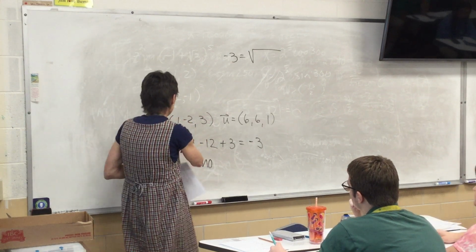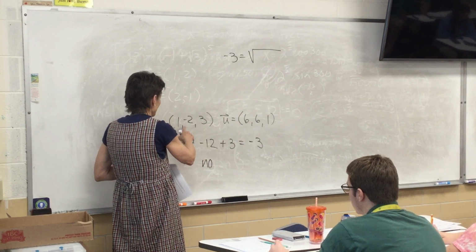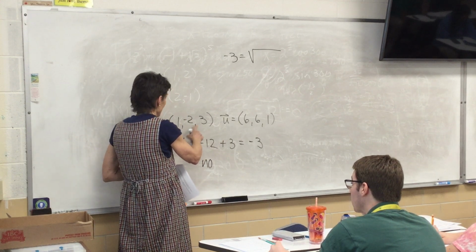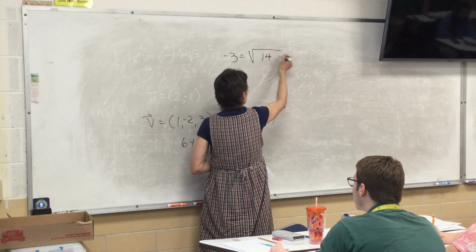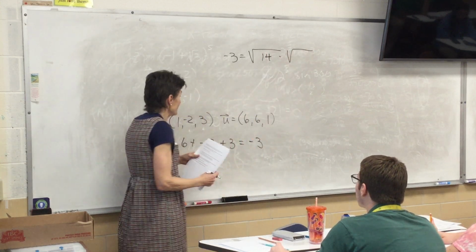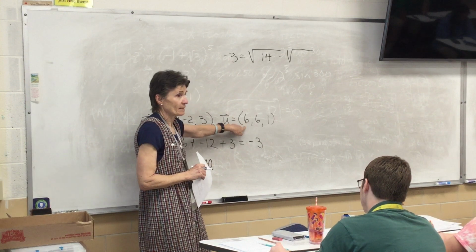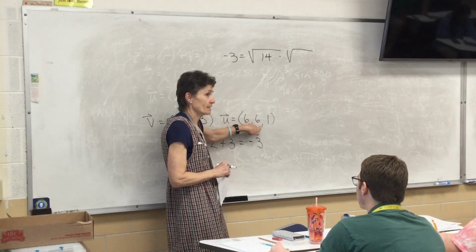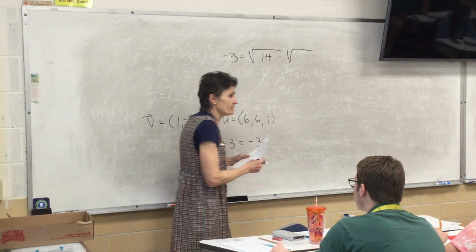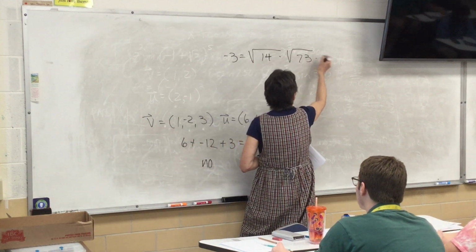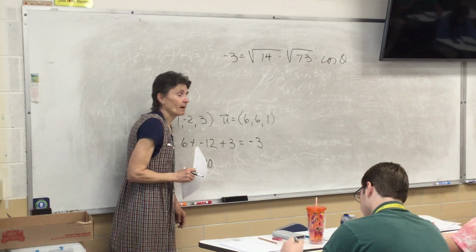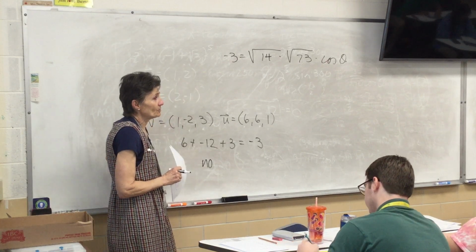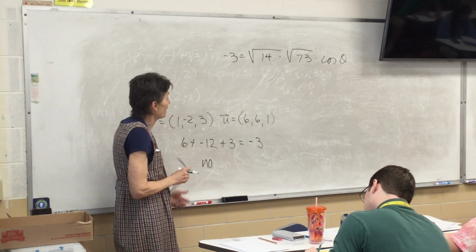So that's going to be the square root of 1 plus 4 plus 9, which is 14. And this one's going to be 36 plus 36 plus 1, 73, times the cosine of the angle between them. The dot product equals magnitude times magnitude times cosine.